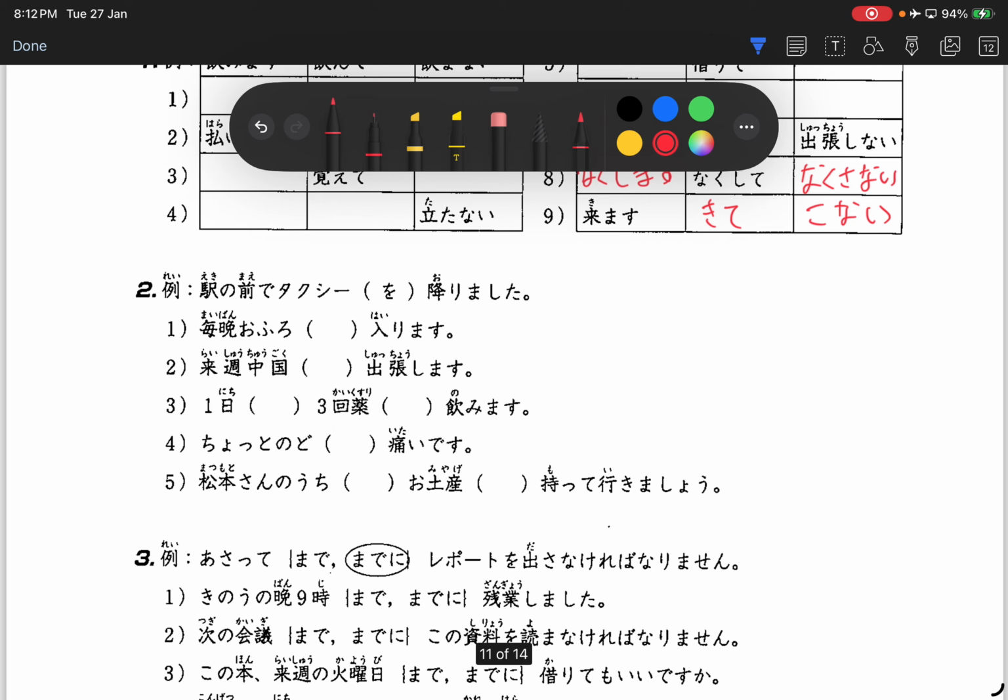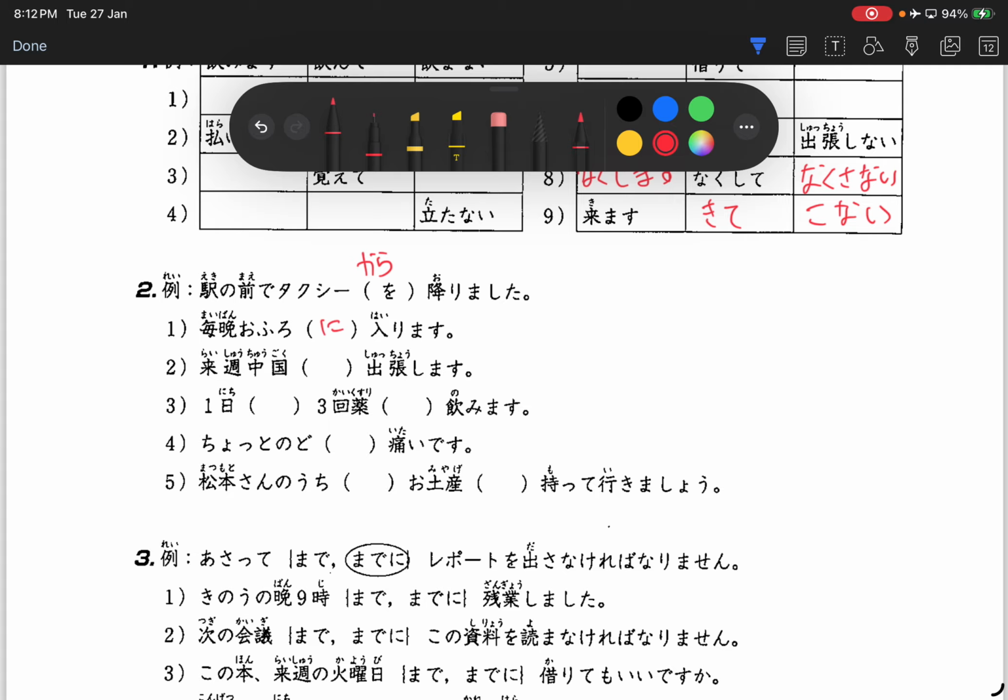Okay, number 2. Example: 駅の前でタクシーを降りました。Or we can also say タクシーから降りました。Either one is fine. 降りました means alight, so I use o. Number 1, 毎晩お風呂に入ります。Any other answer?